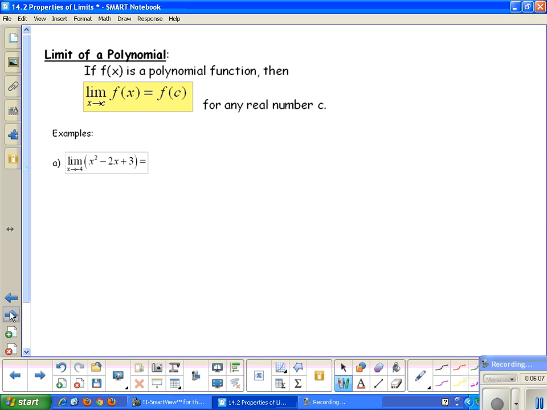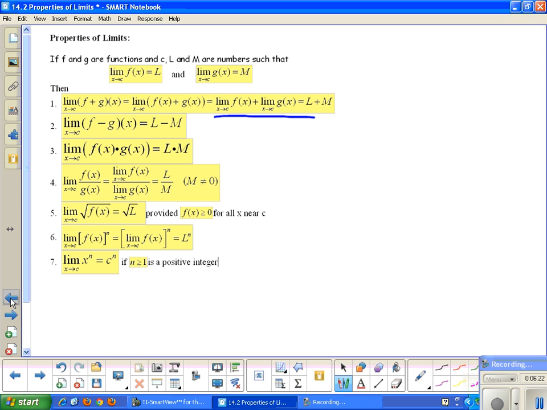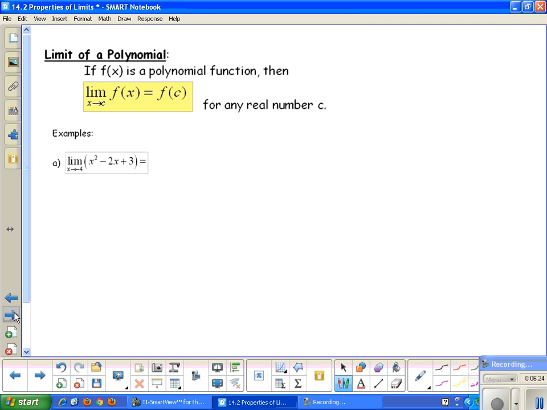For this first equation that we have right here, this is a on your sheet, or if you don't have a sheet, just write it down. The limit as x approaches -4 of x squared minus 2x plus 3. The way that we would solve this is by using all of these properties. If part of my function is being added or subtracted, then I can separate this by doing each of the limits separately.